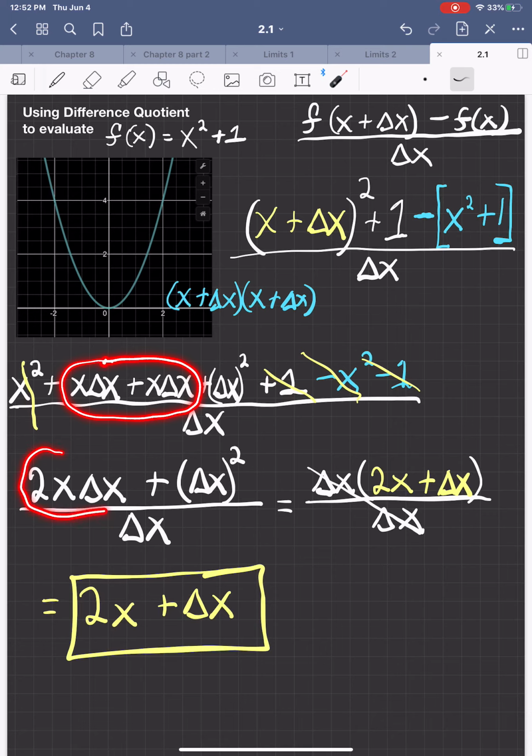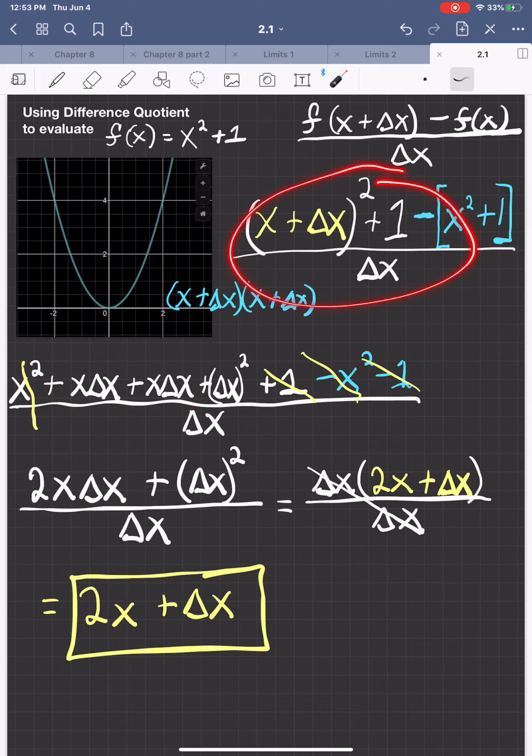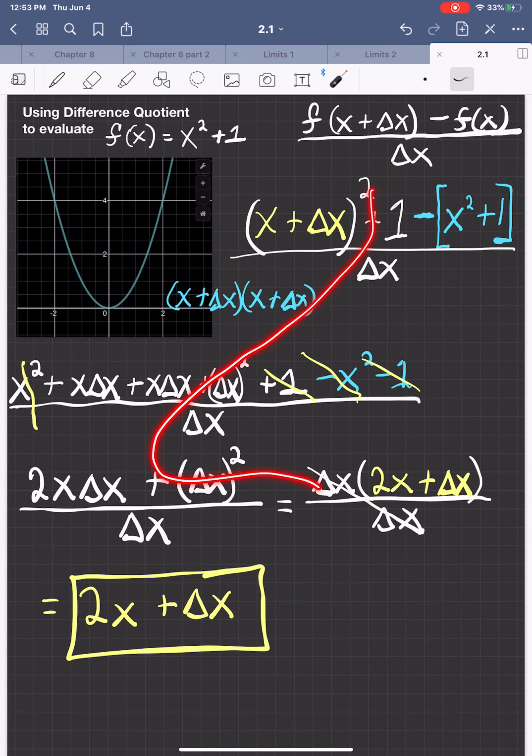So if you had this 2x delta x here, things like that are fine. But if you were to jump from here to here, then I cannot award you credit, right? Because you're reaching your conclusion in an argument without walking me through all your premises. And in this type of argumentation, if I have to agree with your solution, then show me your steps.